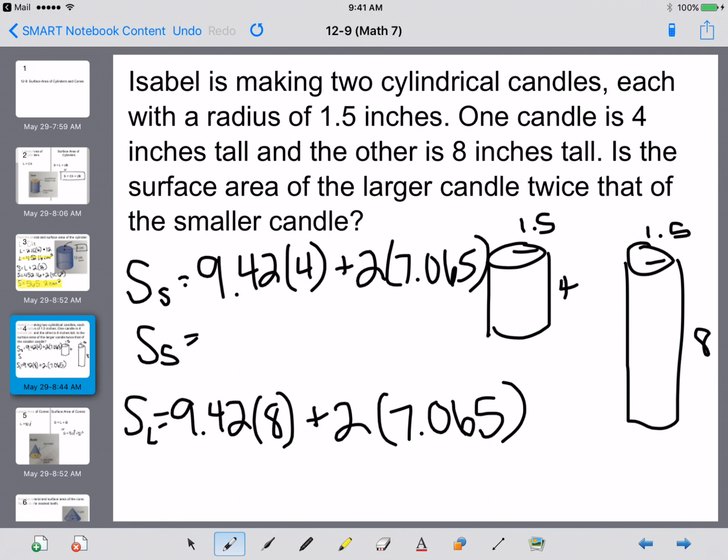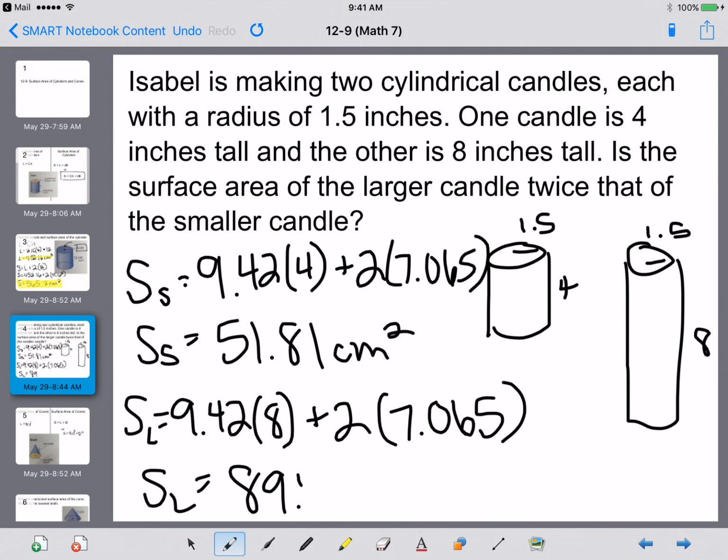So for the surface area of our small candle, I'm just going to punch this into my calculator, taking it step by step. 9.42 times 4 plus 2 times 7.065 to get 51.81 centimeters squared. The surface area of our largest candle is 9.42 times 8 plus 2 times 7.065 to get 89.49 centimeters squared.